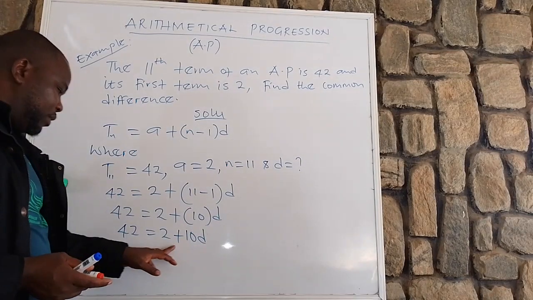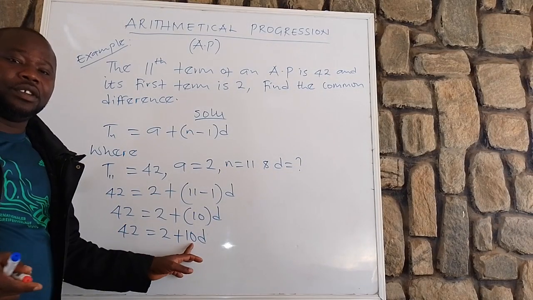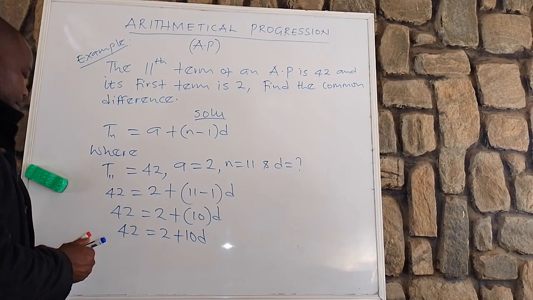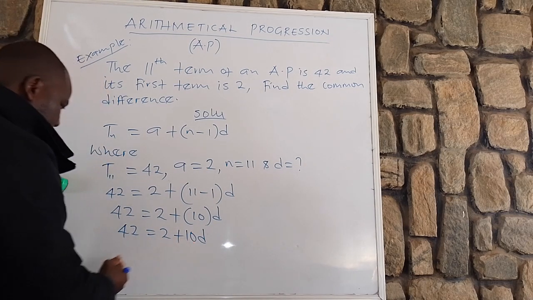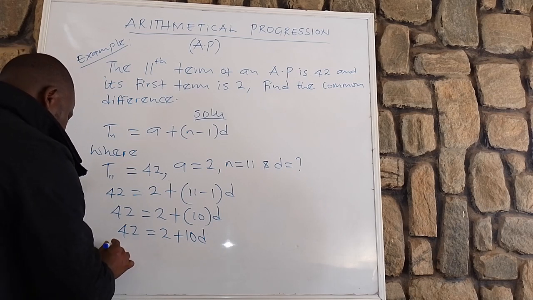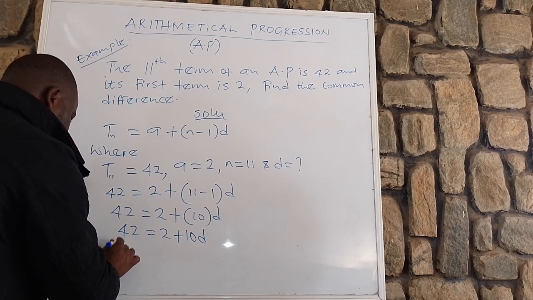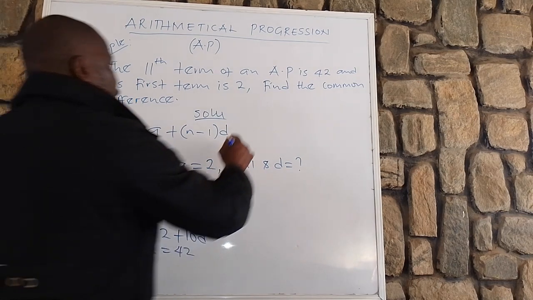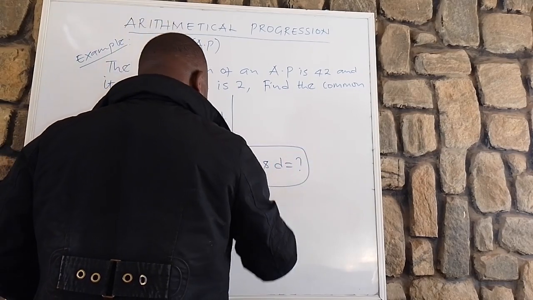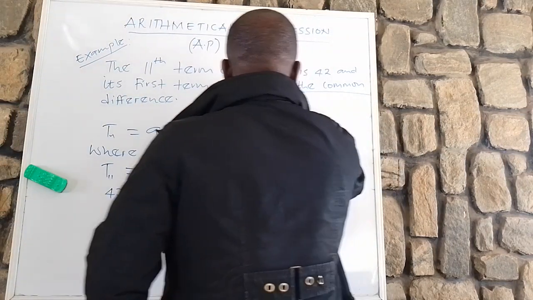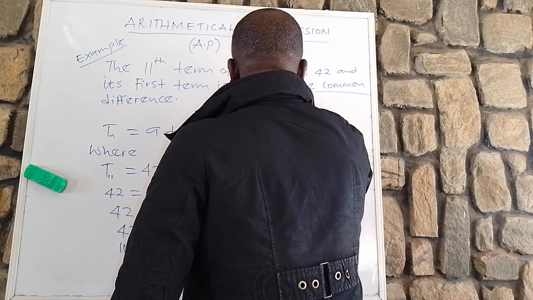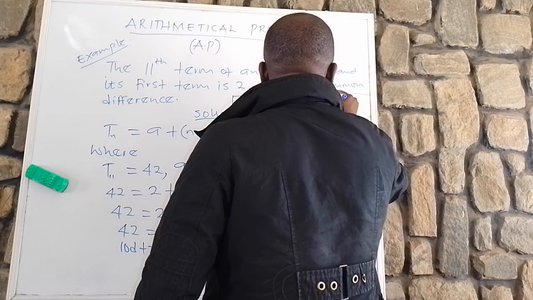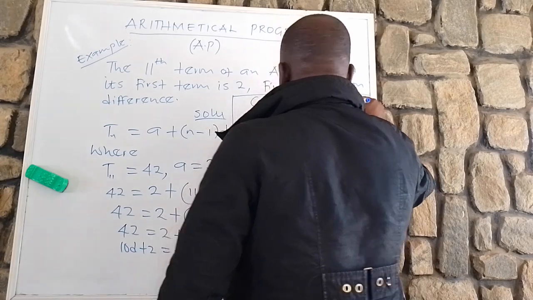So you don't need a prophet to tell you how to obtain your d. At this point, we collect like terms, or rewrite the equation in this form: 10d plus 2 equals 42.